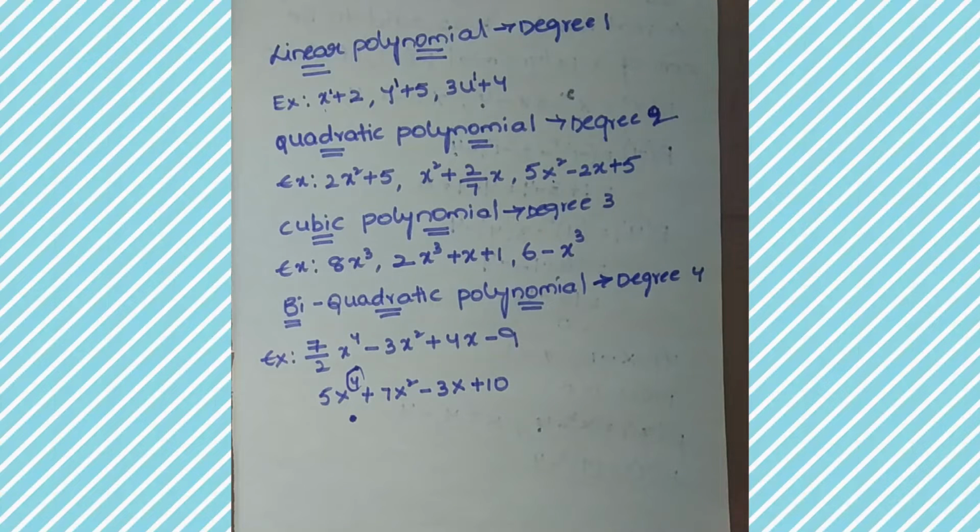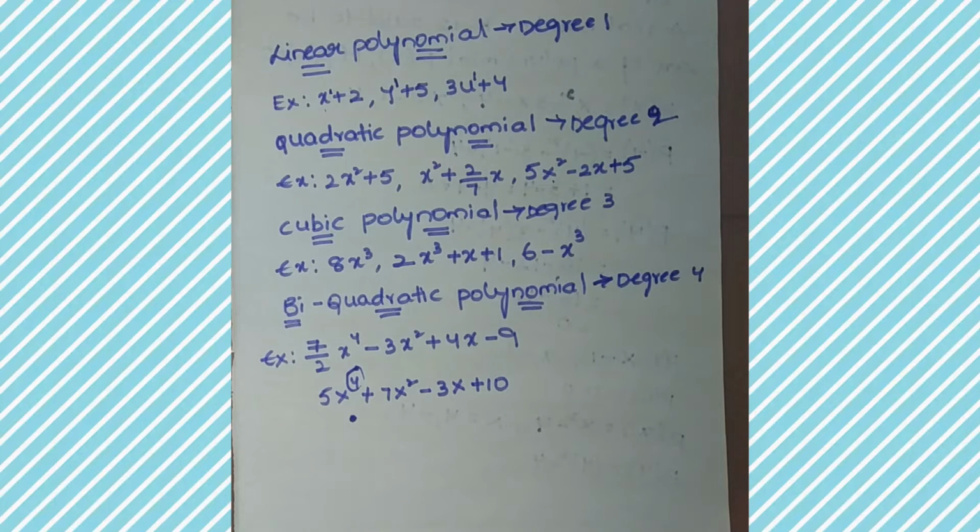Now let's move on to the next type, which is linear polynomial. What is a linear polynomial? A polynomial whose degree is equal to 1 is said to be a linear polynomial. For example, x plus 2. x is having power 1 and degree is also equal to 1.